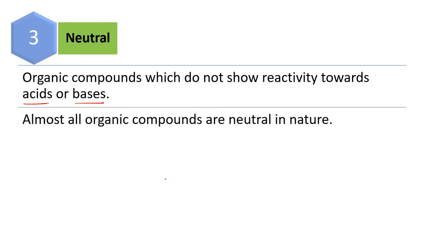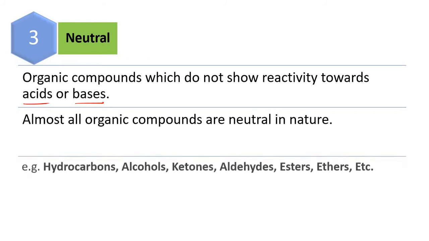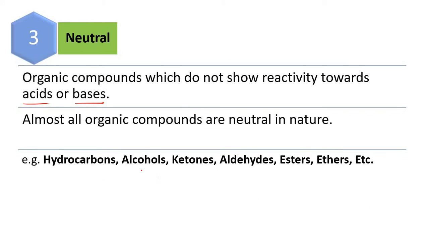Almost all organic compounds are neutral in nature except carboxylic acids, phenols and bases like amines. Examples of neutral functional groups are hydrocarbons like alkanes, alkenes, alkynes; alcohol functional group, ketones, aldehydes, esters, ethers, etc.